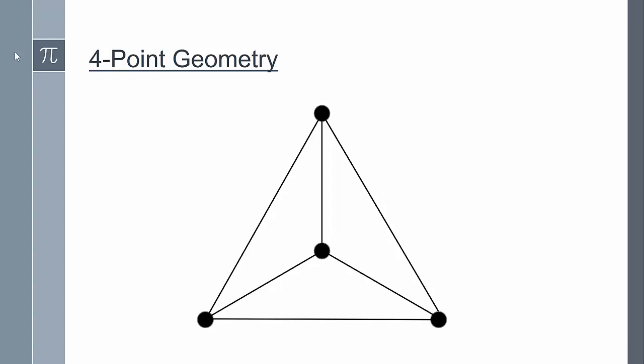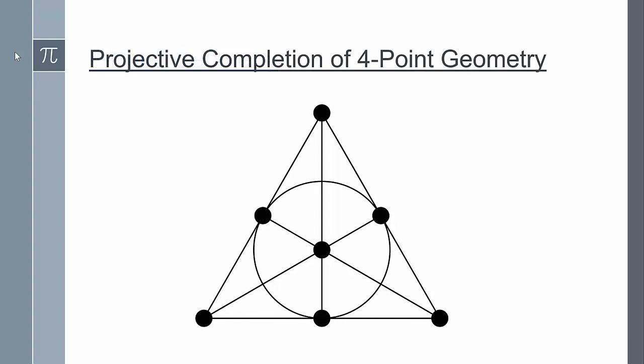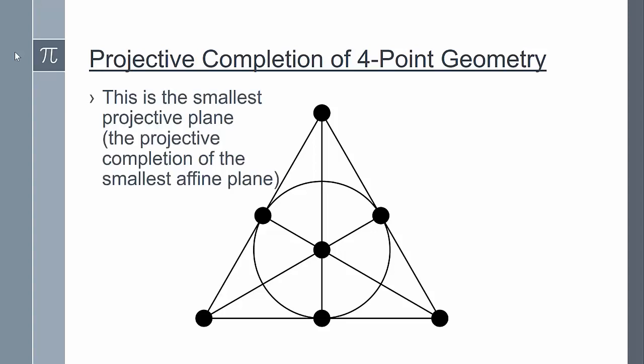So now let's look at a visualization of the projective completion of 4-point geometry. What it's going to give us is actually the smallest projective completion, the smallest projective plane. We can verify that of all these lines, every line has at least 3 points on it, and there are no parallel lines.